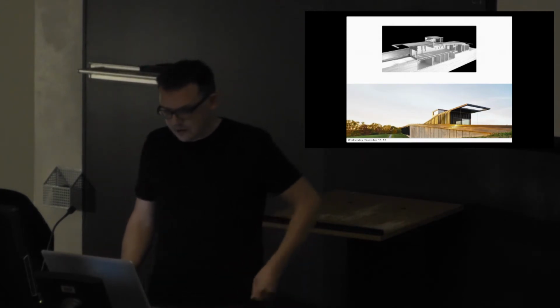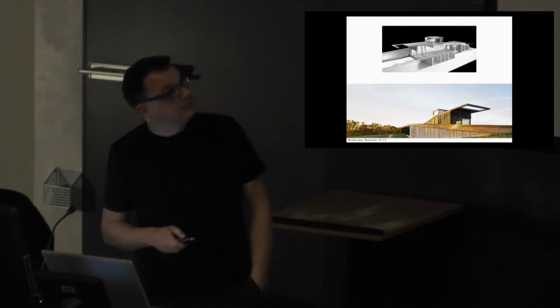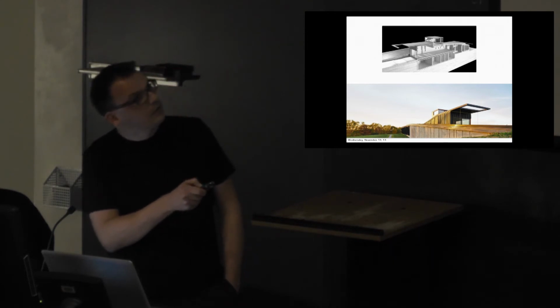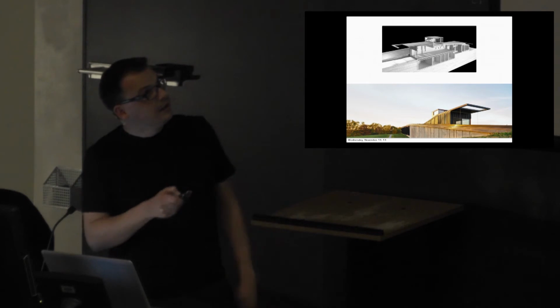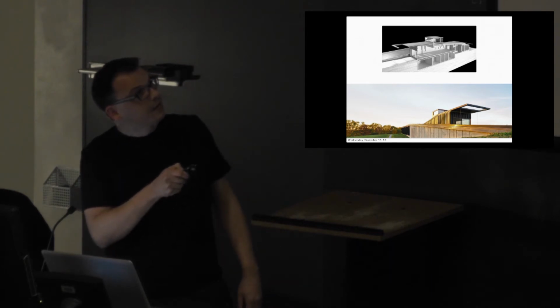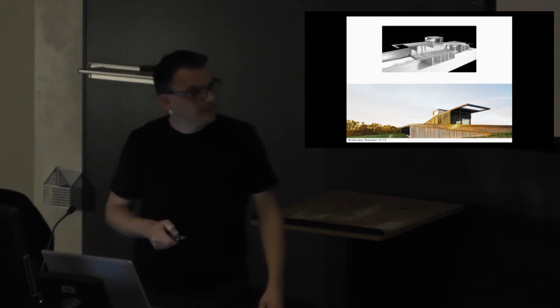The section model here at the top gives you an idea of that internal topography. You see these different layers, with the highest part being this little observatory that penetrates the roof plane.